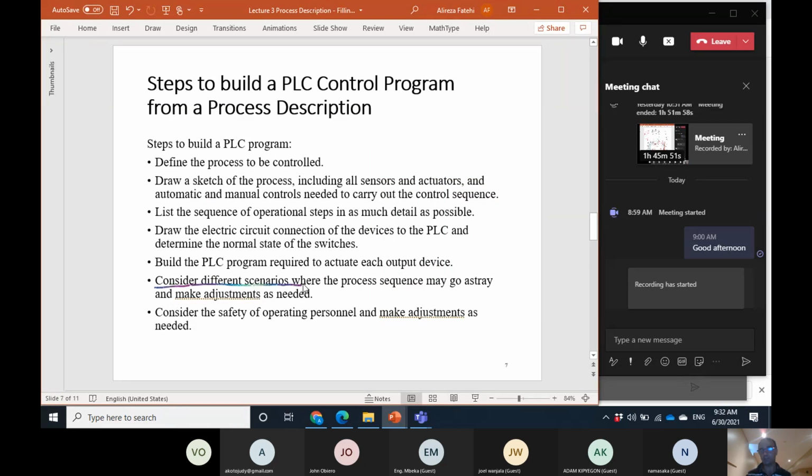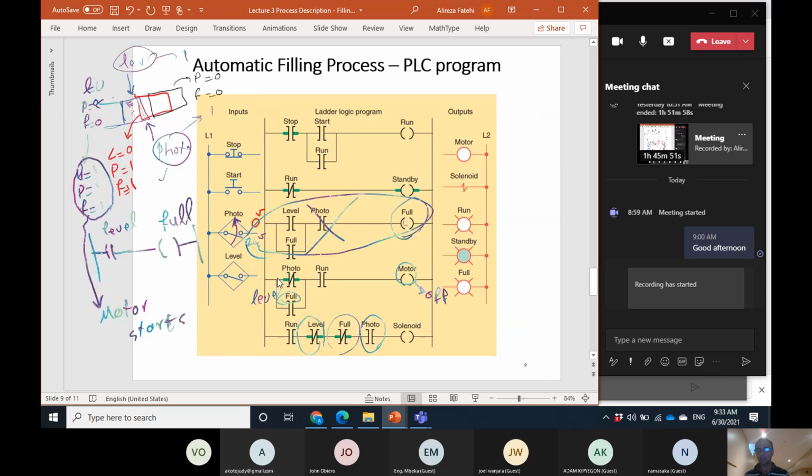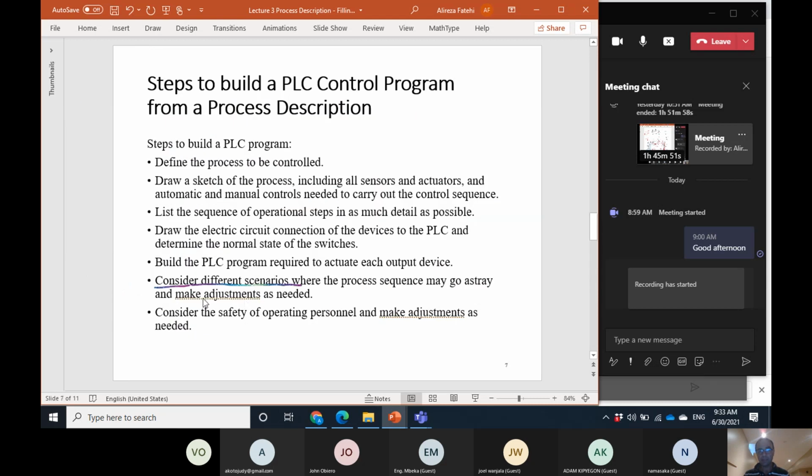Consider different scenarios. We should not just check the main scenario. We should check all the possible scenarios. Of course, the one that we studied here was the main scenario, but there might be some special scenarios that might happen.